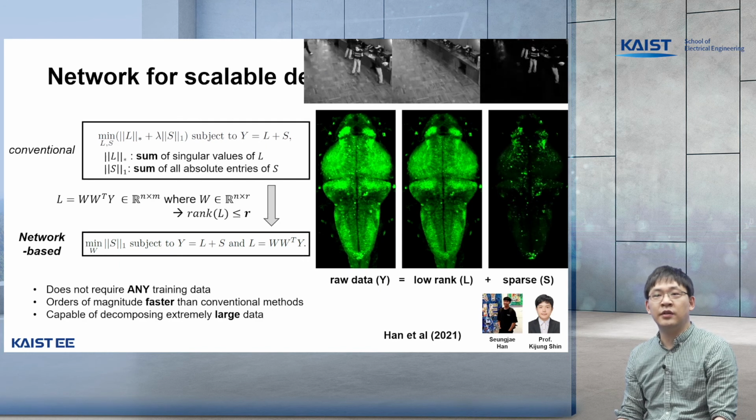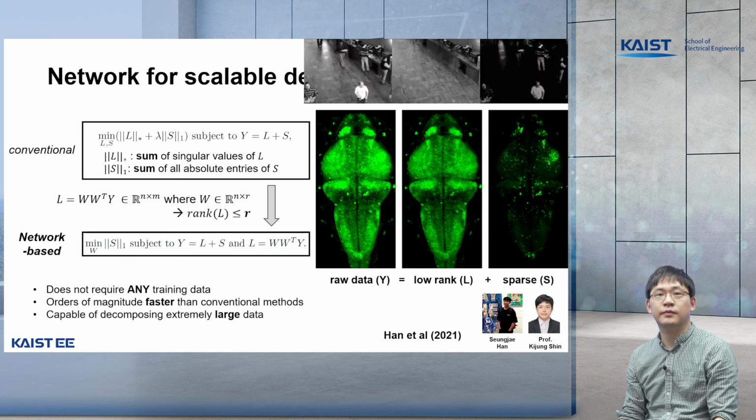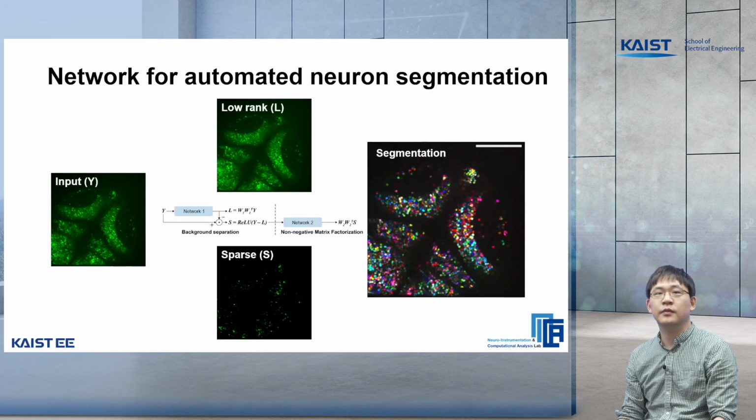And as you can see on the top right, we can apply the same algorithm to a video from a surveillance camera, which might help you see what the algorithm is actually doing. And later, we found that the same method can be extended further.